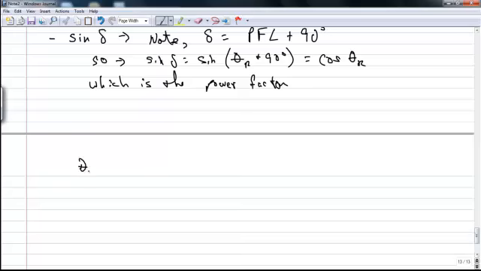Theta r is equal to the inverse tangent of x sub r over r sub r, which is equal to the inverse tangent of s x r0 divided by r sub r.